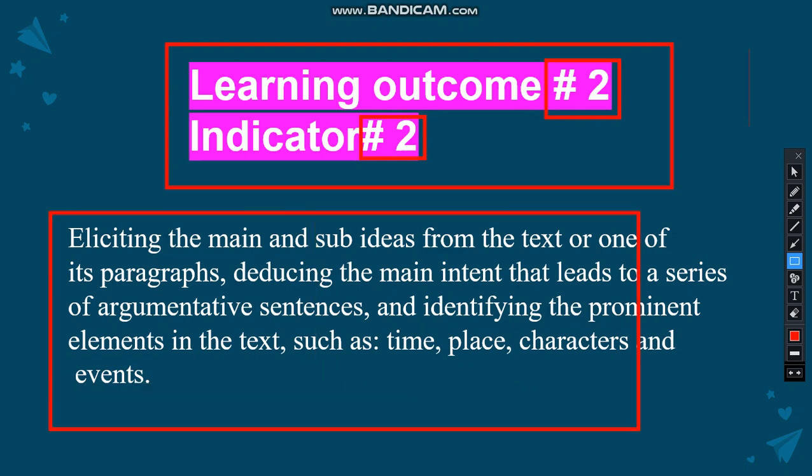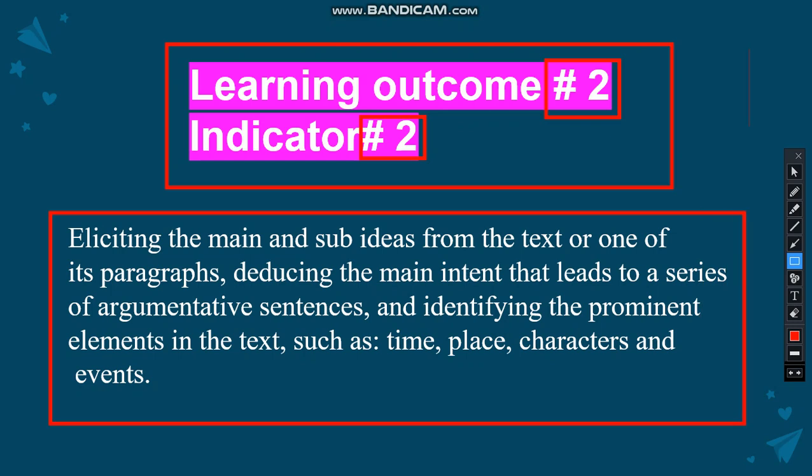So the indicator is eliciting the main and sub ideas, main idea of a text, sub idea of a text, and deducing it could be one of its paragraphs. Deducing the main intent, the intent is not directly mentioned, and this intent leads to a series of argumentative sentences.